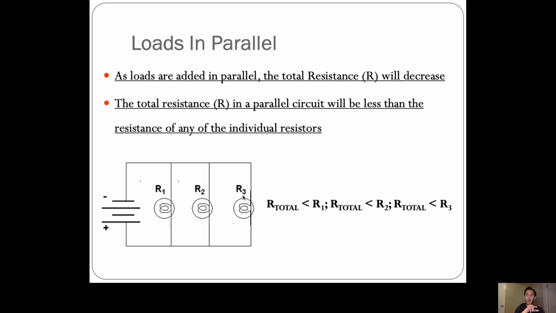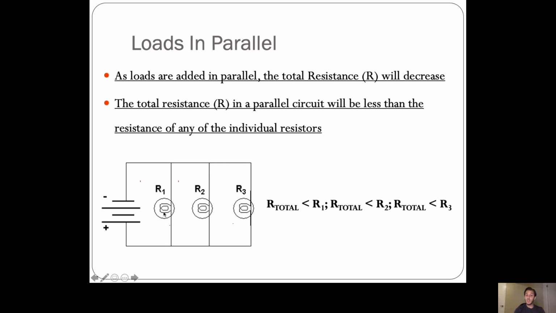And that's because you have multiple pathways for current to pass through. And so there's a lot less resistance. Think about a river. When a river splits, it has the ability to move a little faster through each branch that it splits off into, right? Instead of just sticking with the one branch, now we have 2 branches to pass through, okay?